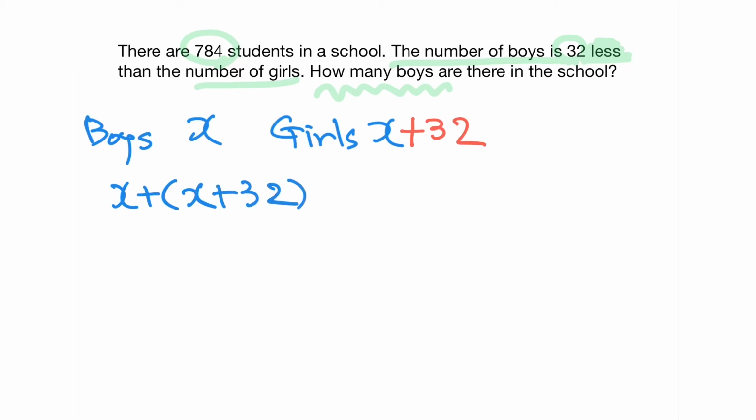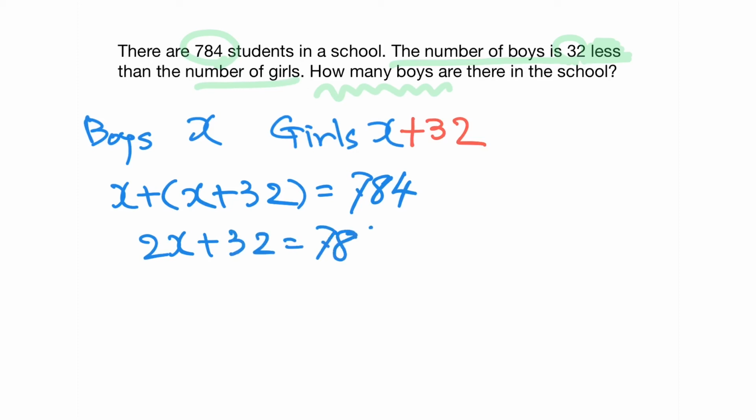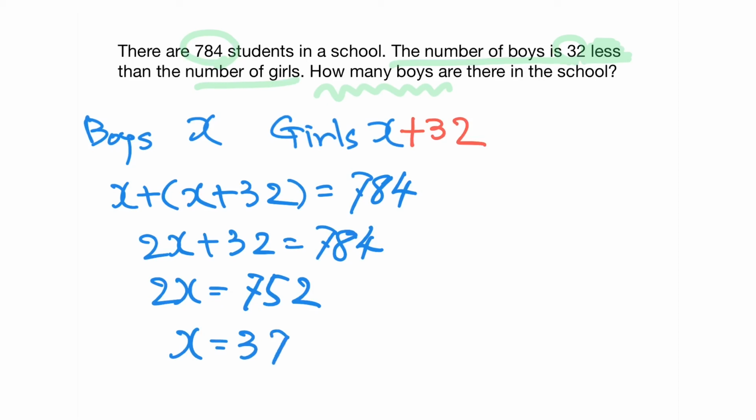The total of the students is 784, so x plus x plus 32 equals 784. Let's solve this equation. 2x plus 32 equals 784. 2x is 752.